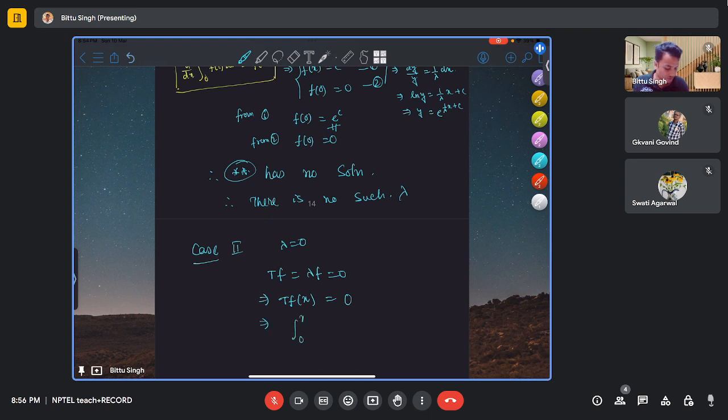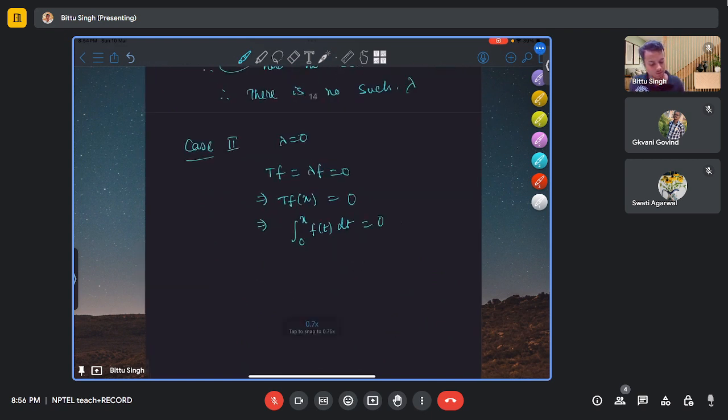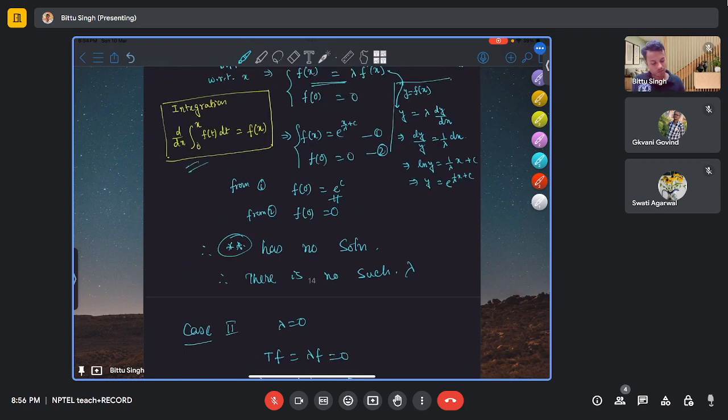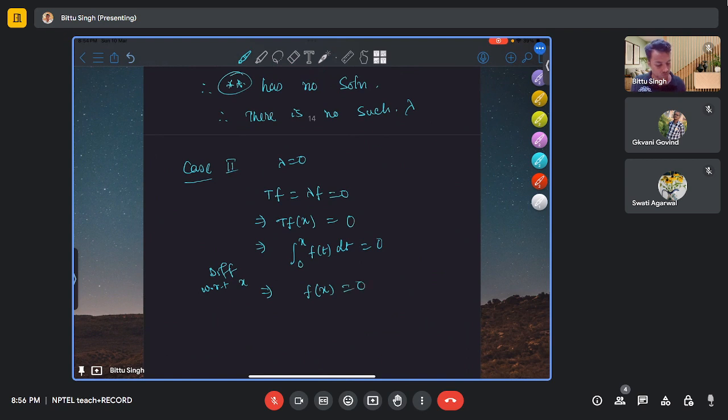By definition, this is the integral from 0 to x of f(t) dt, which is 0, and then we apply the derivative. This will imply f(x) differentiated with respect to x. By this definition, we are getting f(x) equal to 0, and this is true for all x, and this implies f is identically 0.